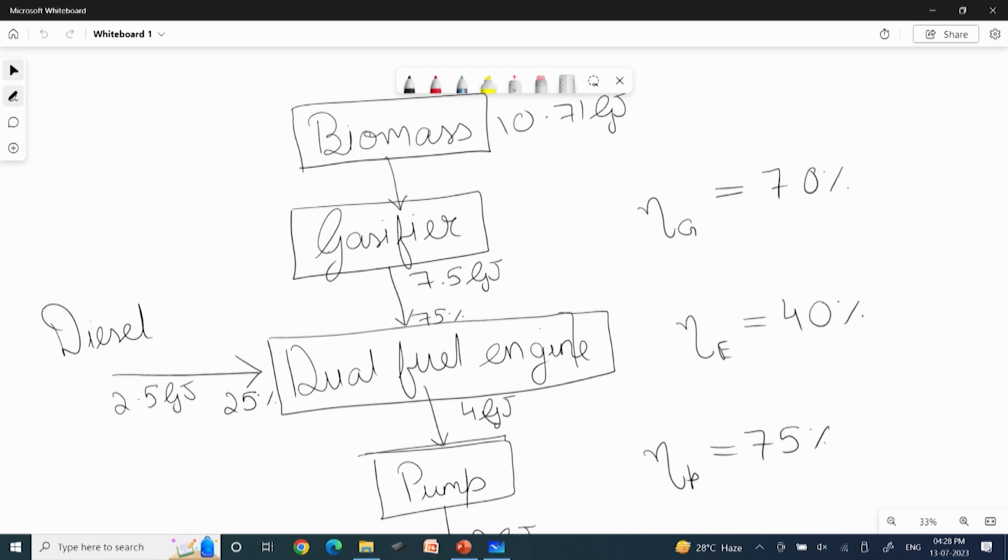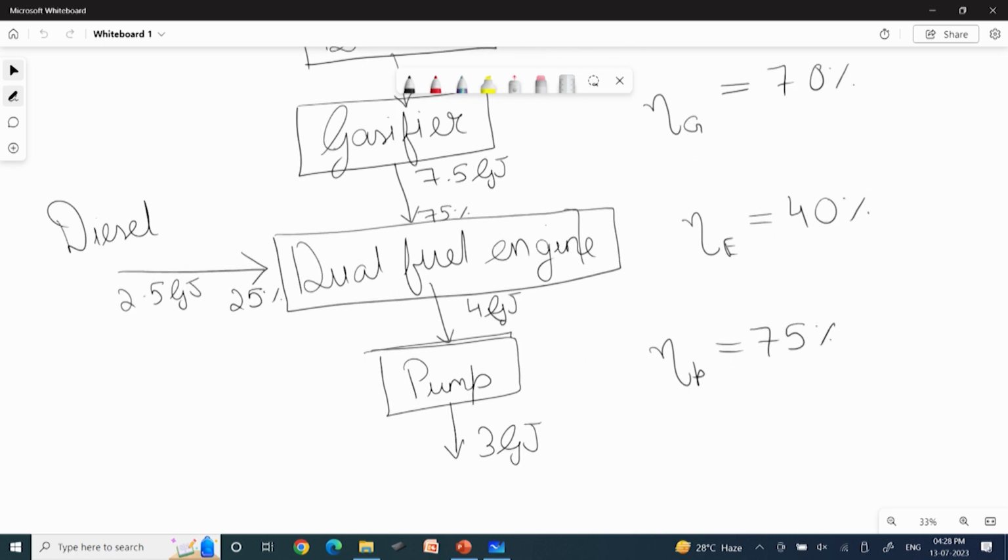This goes to a dual fuel engine which also has an input of diesel, around 2.5 gigajoules. Together they produce around 4 gigajoules of energy, giving it to the pump, and the pump at the output produces 3 gigajoules of energy per annum. So, all these energies are on the basis of per year.